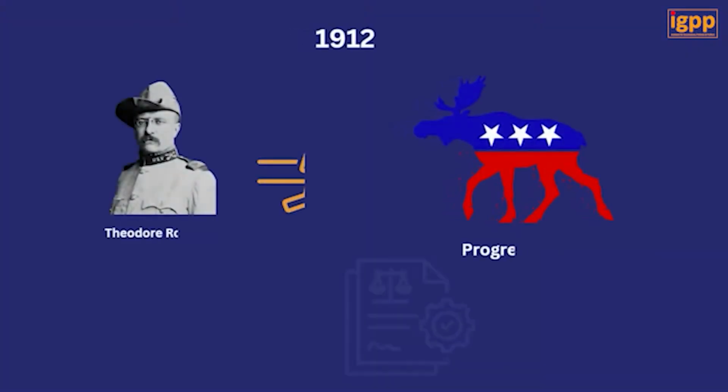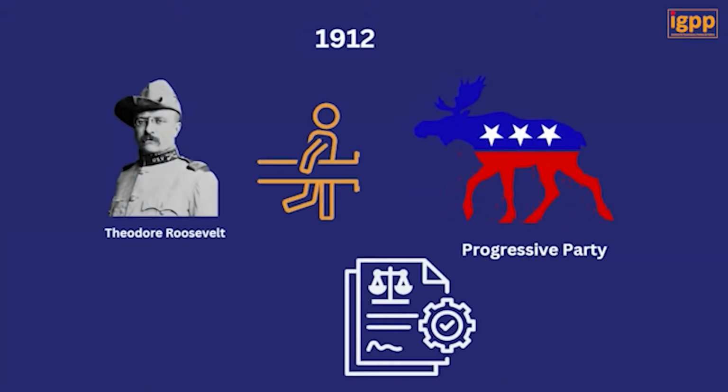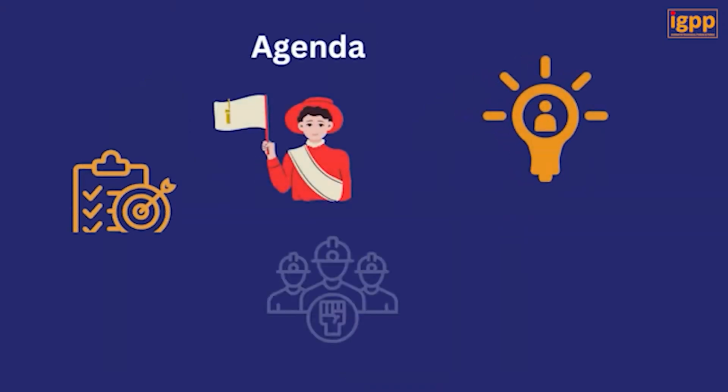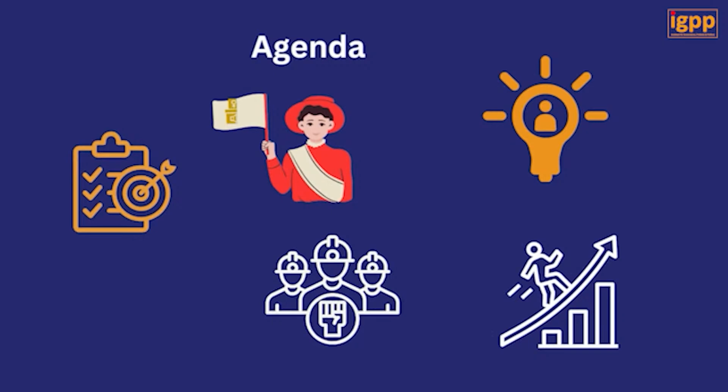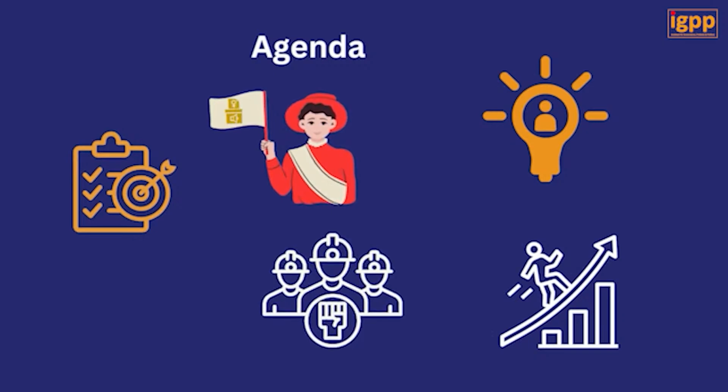In 1912, Theodore Roosevelt led the Progressive Party, also known as the Bull Moose Party, in a crusade for progressive reforms. Their agenda included women's suffrage, workers' rights, and other progressive ideals, leaving a lasting impact on the course of American politics.